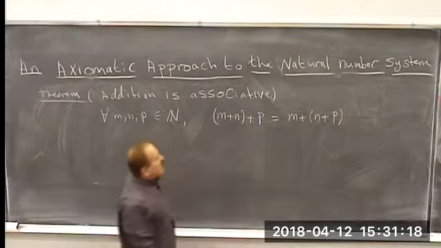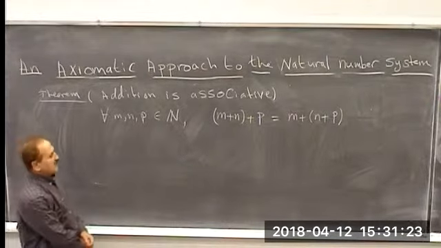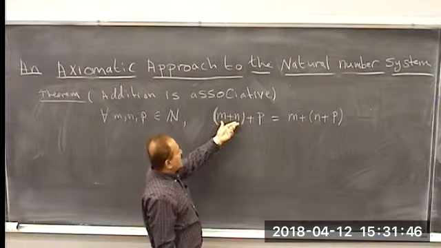In fact, so far from the definition of addition, we can only add 2 numbers. So if I have m plus n plus p without these parentheses, this is meaningless. Okay? We don't know how to add these. By putting parentheses, this means that we have to add the m and n and come up with, according to what we already know, a natural number, and then we can add this natural number to p.